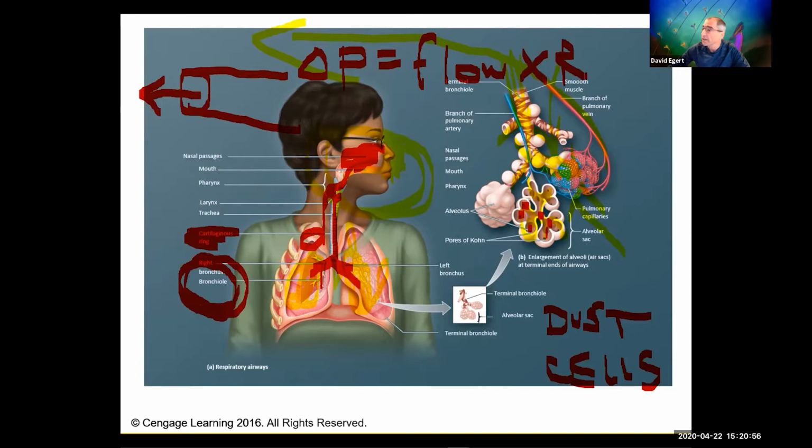That's the basic equation. For blood flow, it was blood pressure was cardiac output times resistance. For air, it's the air pressure is the flow times the resistance to flow. And again, if we write it the other way, flow is going to be the pressure divided by the resistance.